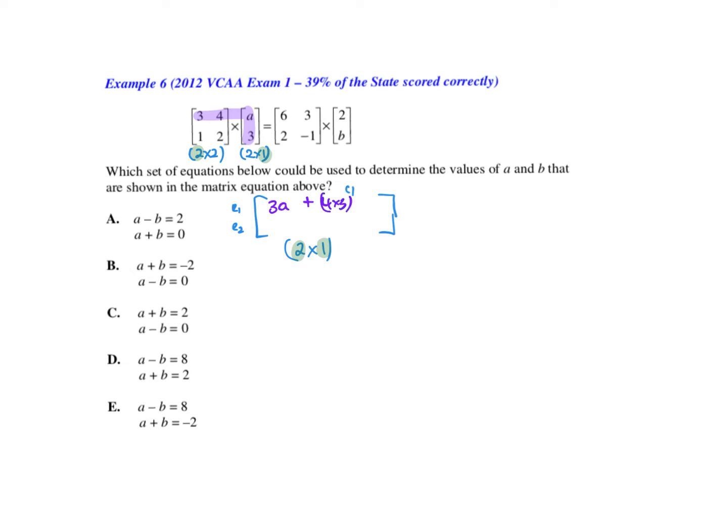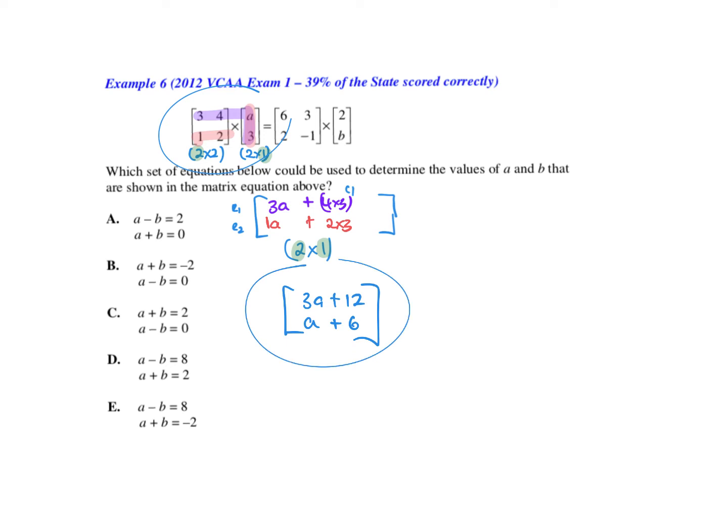Then the second row, row two by the column, would be 1 times A, so just A, plus 2 times 3. I'm just doing the left-hand side. If I tidy that up, it would be 3A plus 12, and A plus 6.